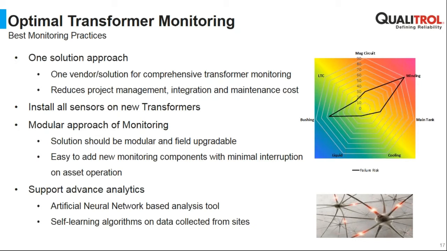The beauty of these analytical models, or neural network based analytics, is that most of them are self-learning algorithms. Self-learning means as they collect the data, they keep on learning from it and keep on refining themselves automatically.